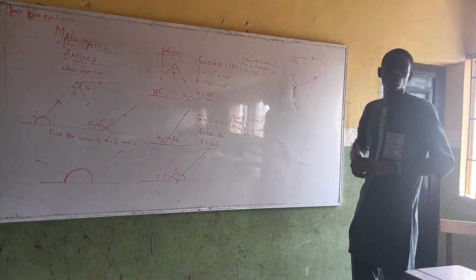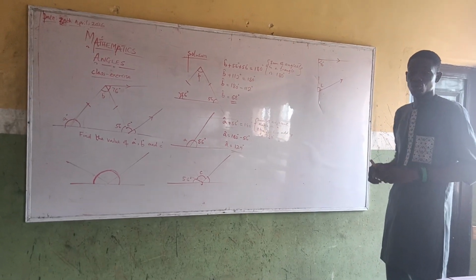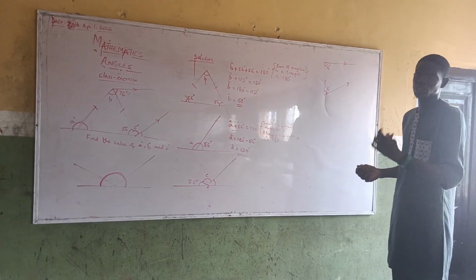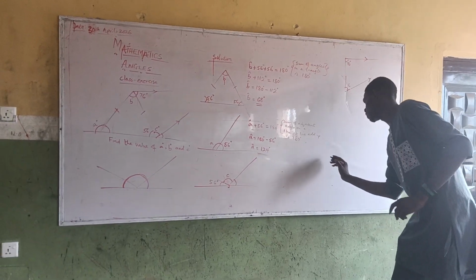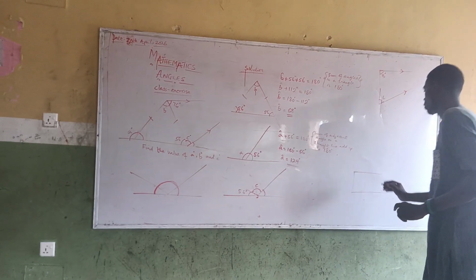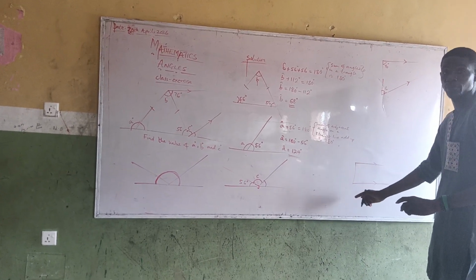In one of my lessons when I was teaching my students the different types of angles, we have angles between lines: the alternate angles, the corresponding angles, the vertically opposite angles, and so on. There's a kind of angle called the co-interior angle, and it's the C-shaped angle. So we have a parallel line and a transversal. That is the line that comes through the parallel lines.